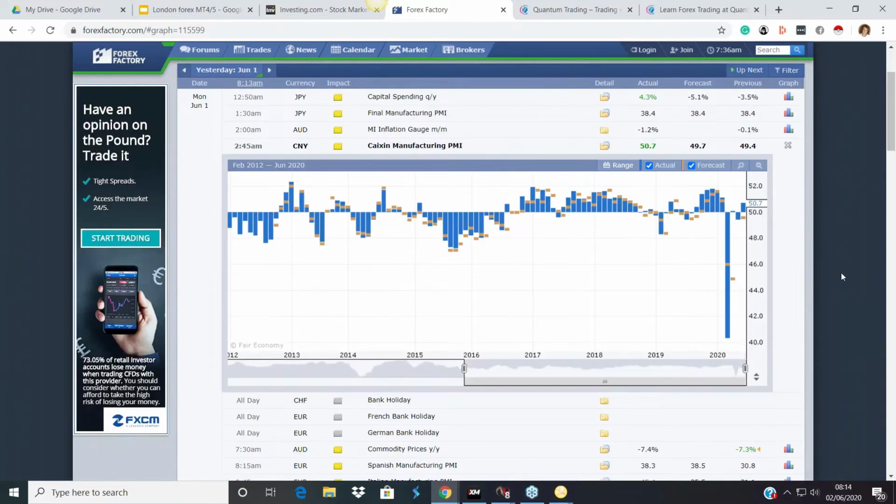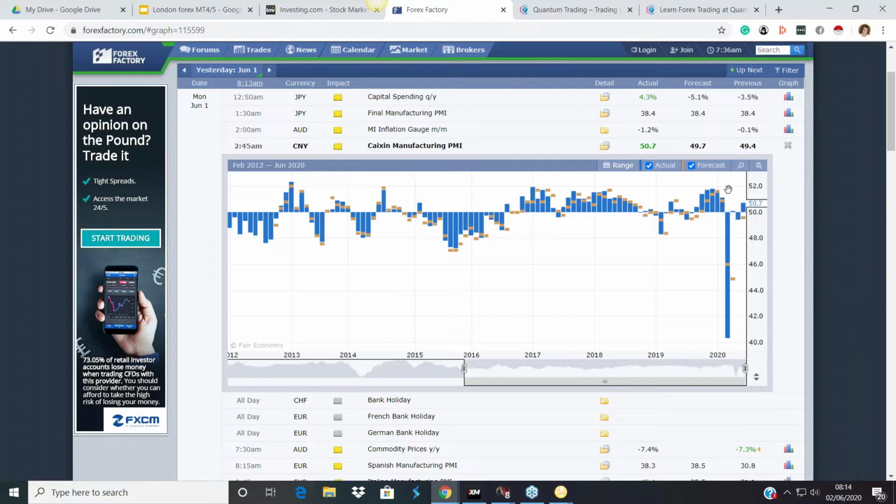Now, as I also mentioned in one of my posts, Chinese data always has to be taken with a pinch of salt. We all know that in the markets, but it's not what we think. It's not whether it's true or not. It's how the market perceives it, and more importantly, how the market reacts to it.